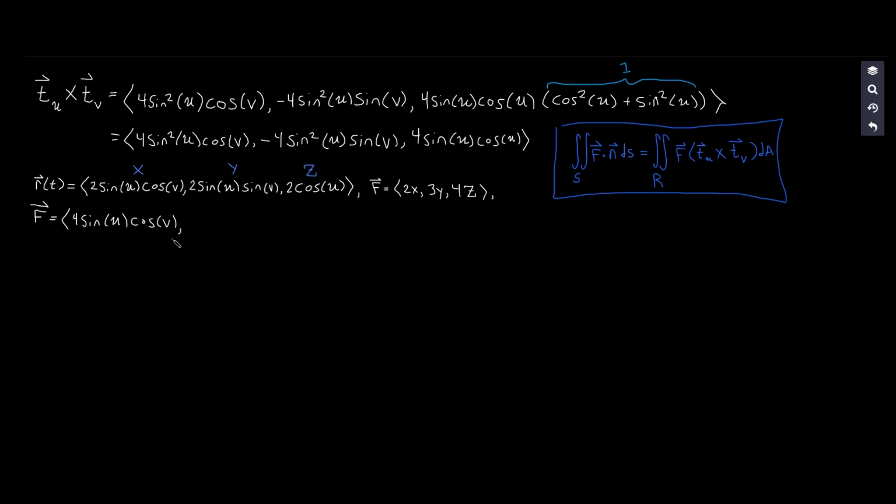For the y coordinate, we're doing 3y times 2 times sine of u times sine of v, and that's going to be 6 sine of u times sine of v. Finally, for the z component, 2 times 4 is 8 times cosine of u. So the z component is going to be 8 cosine of u.